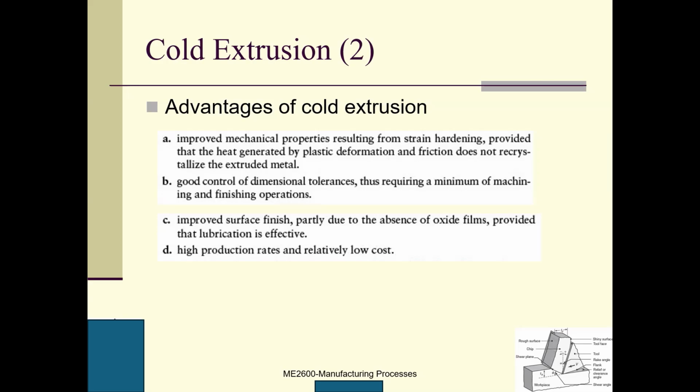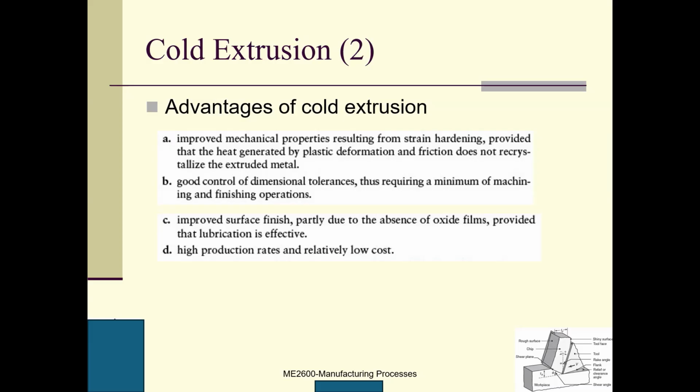This is a topic in manufacturing processes. The next advantage is improved surface, still because of low temperature, and partly due to the absence of outside fumes, provided that lubrication is effective. If the temperature is high, we have bad dimensional accuracy, bad dimensional tolerance, bad surface, and we might also have oxides on the surface.